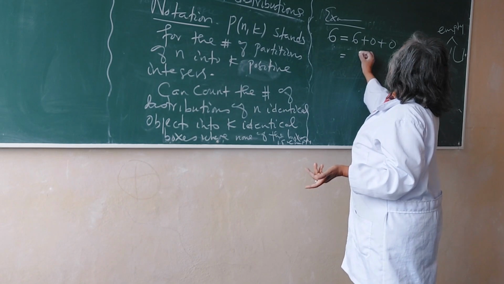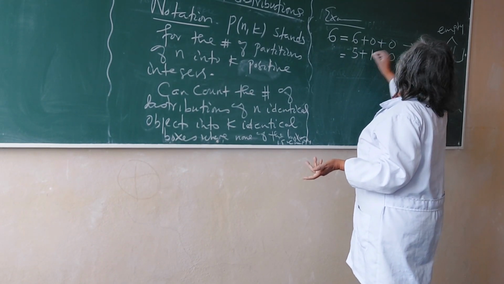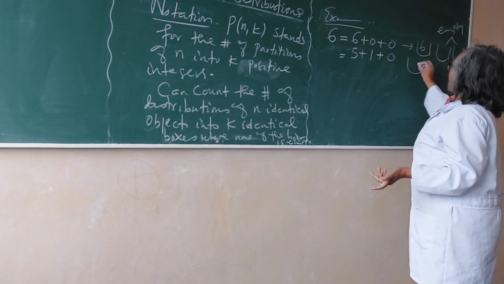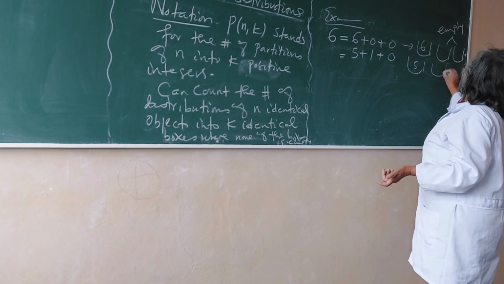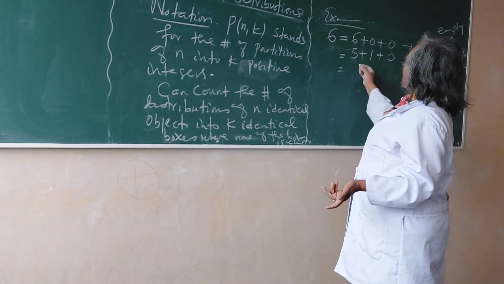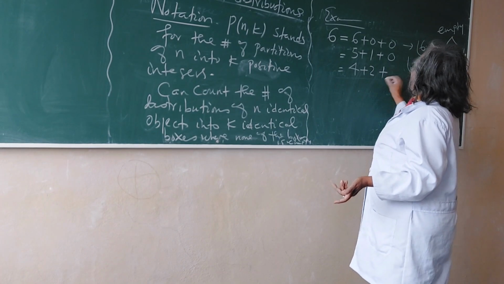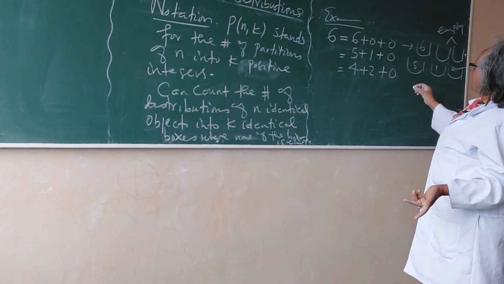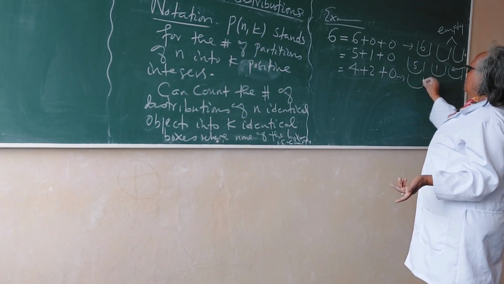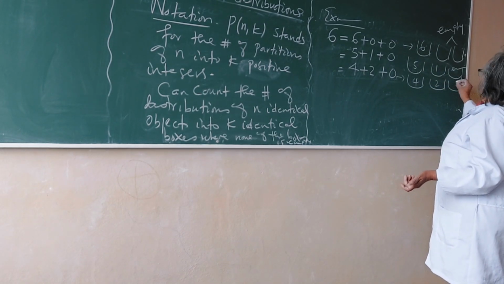Then I can express this as 5 plus 1 plus 0. Here I have 5 objects there, 1 there, and this is empty. I can express this as 4 plus 2 plus 0. So I have 4 there, 2 there, and leaving this empty.